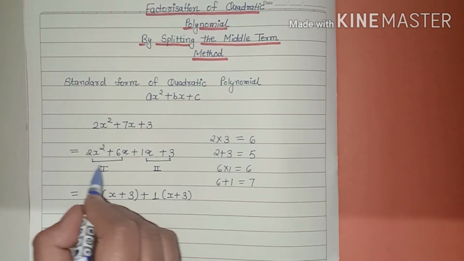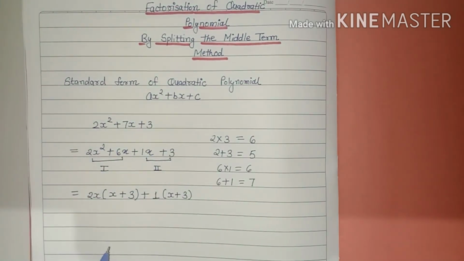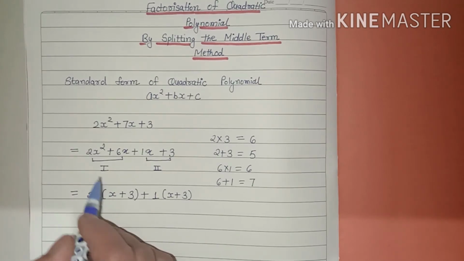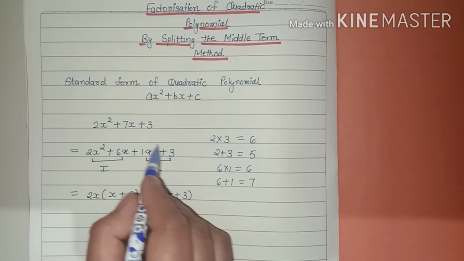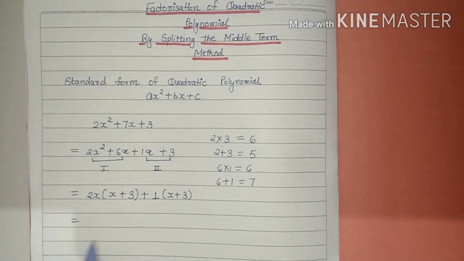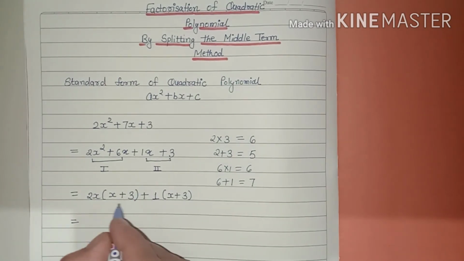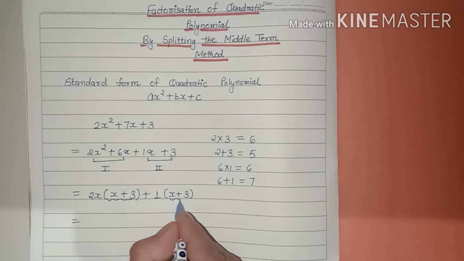Student, in this step, when you are breaking the middle term into two parts, there are only two possibilities. Either both the terms will be positive, or two terms will be positive and two terms will be negative. In this example, all four terms are positive. So, next step, in this first group and second group, what is common? x plus 3.